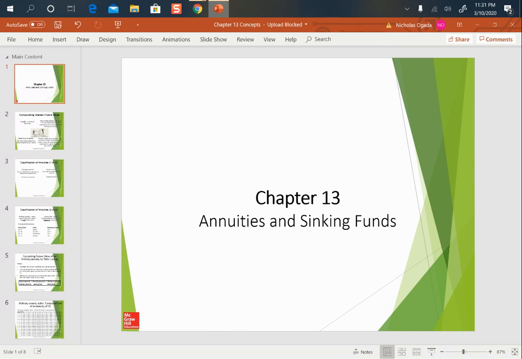In this chapter, I'm going to give you a conceptual overview of annuities and, of course, how to solve annuity problems by looking at the table, using the table factors or the table lookup.